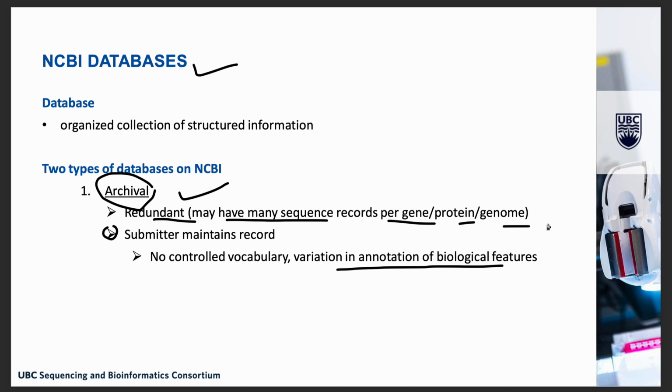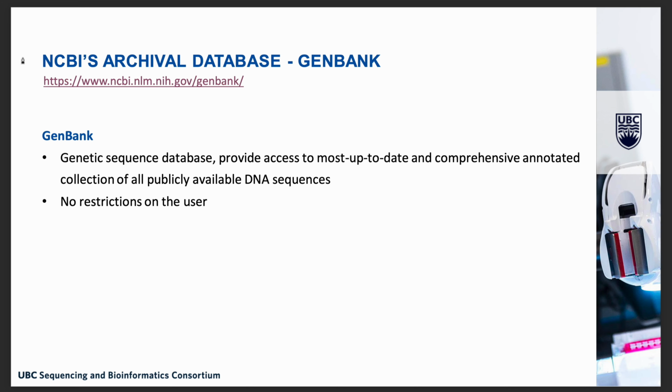So this is the archival database. If we go to the next slide, we will see the NCBI archival database is also called GenBank, and here is its website. You can locate this, and later on in the practical session we will also see how we can access this NCBI archival database. In GenBank you will see genetic sequence databases, and it provides access to the most up-to-date and comprehensive annotated collection of all publicly available DNA sequences.